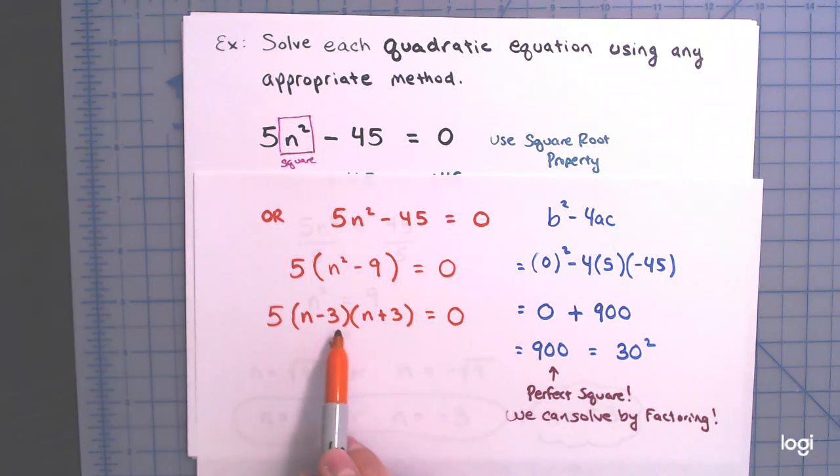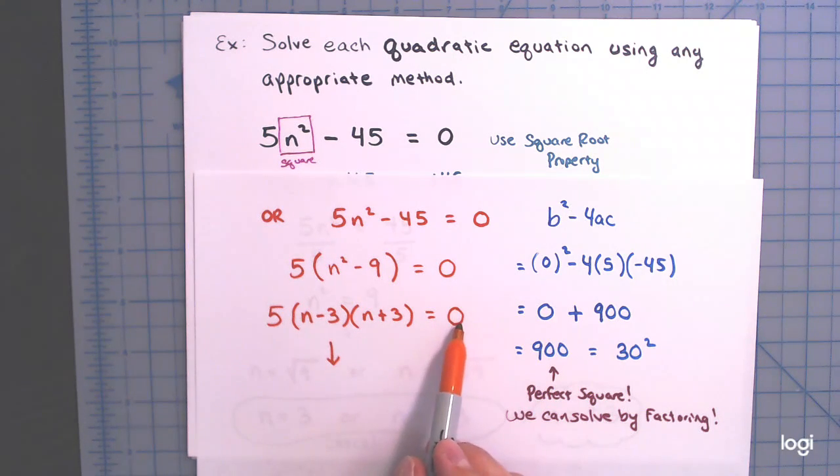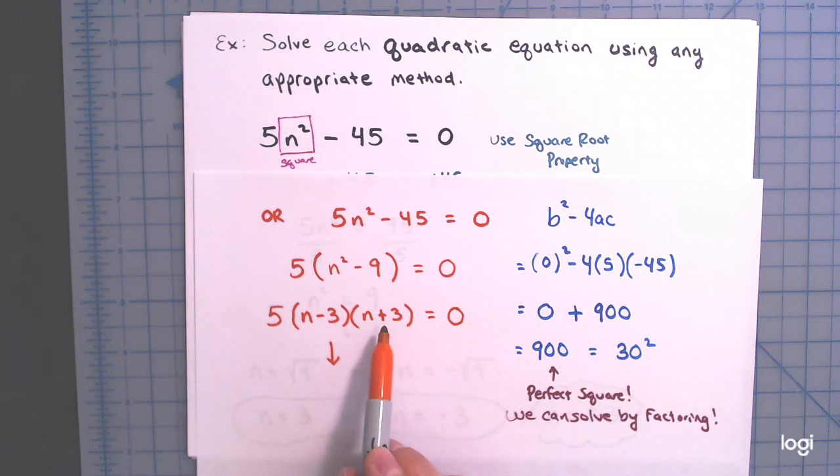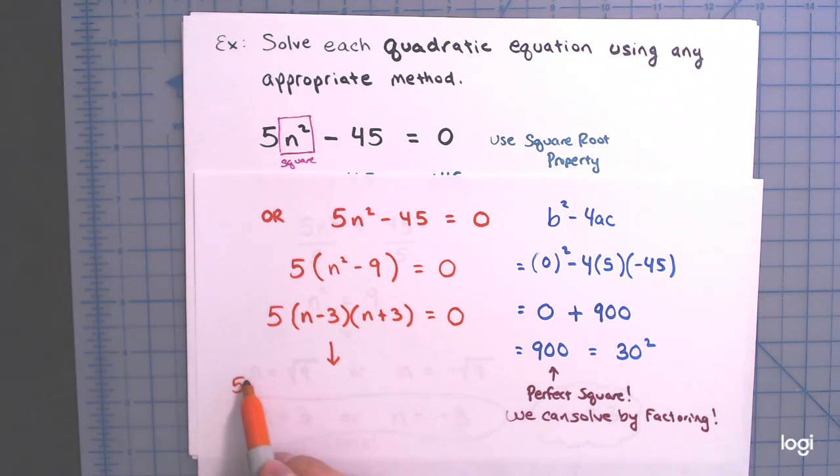Well, the only way a product of numbers is equal to 0 is if one of those numbers is actually 0 themselves. So either 5 is equal to 0, but that's not true. You're not getting anything from that. 5 can't be 0.